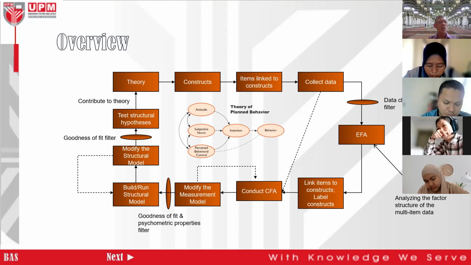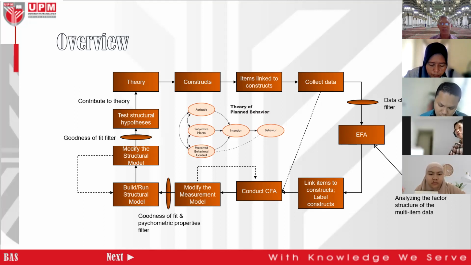The least that you can do for your structural model is analysis related to multiple linear regression, where we test the overall model, we test the contribution of individual IV on DV, and we also describe the model summary, which includes R squared. That is what to expect when you go for your research, right?